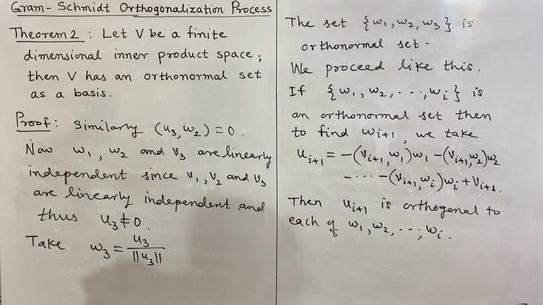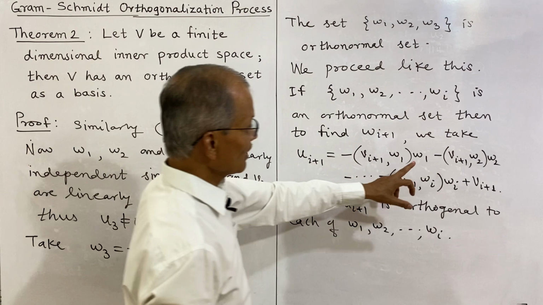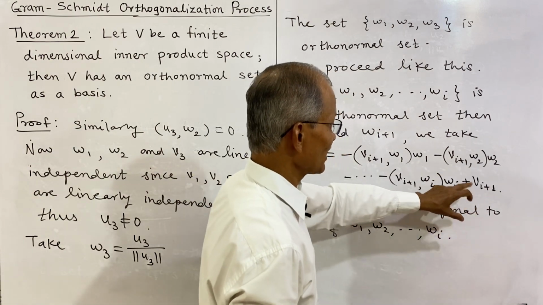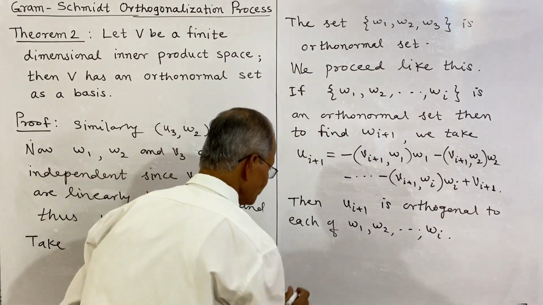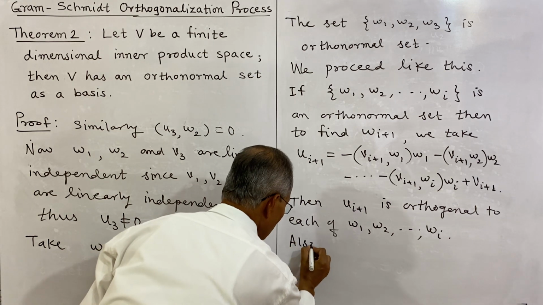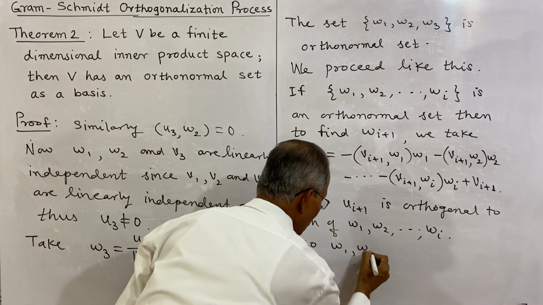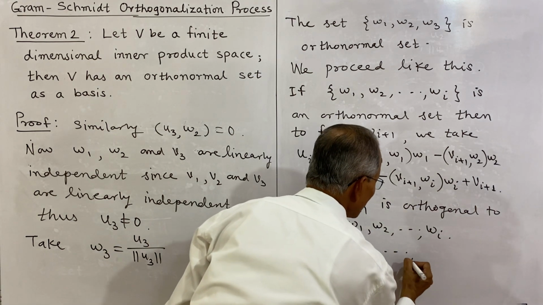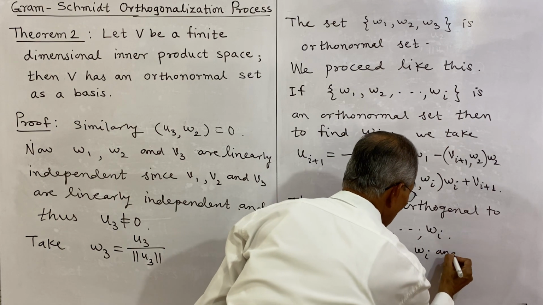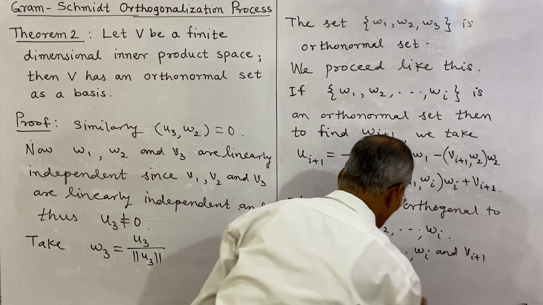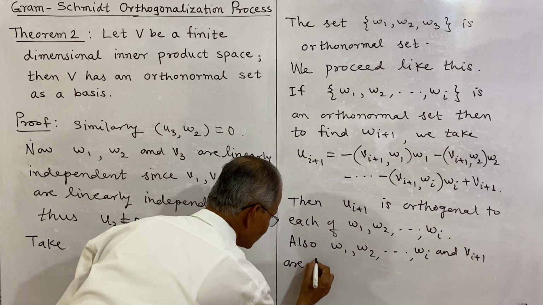So, this is the relation that we will have, and further, since w1 up to v_{i+1} are linearly independent, also w1, w2 up to wi and v_{i+1} are linearly independent.